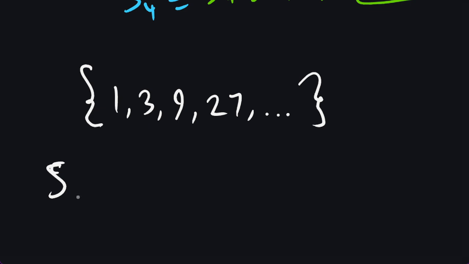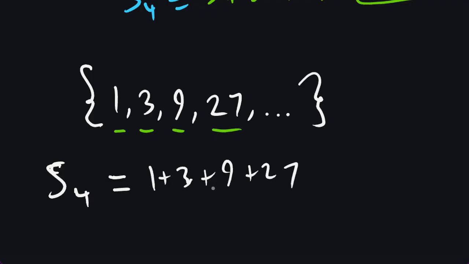So S4, what is the partial sum of this sequence for the first four terms? All we have to do is add the first four terms, 1, 3, 9, and 27. So 1 plus 3 plus 9 plus 27. 1 plus 3 is 4. 4 plus 9 is 13. 13 plus 27 is 40. And there we go. That is the partial sum for the first four terms.